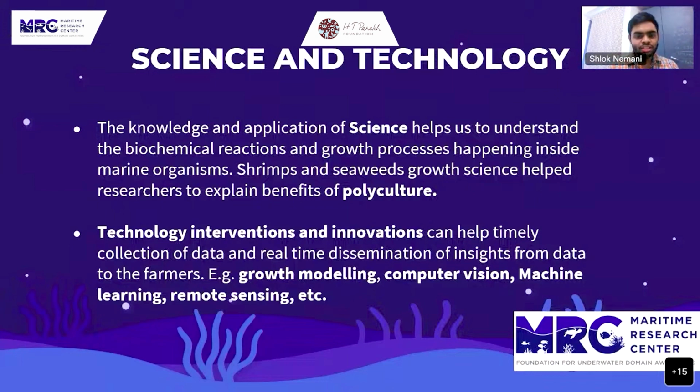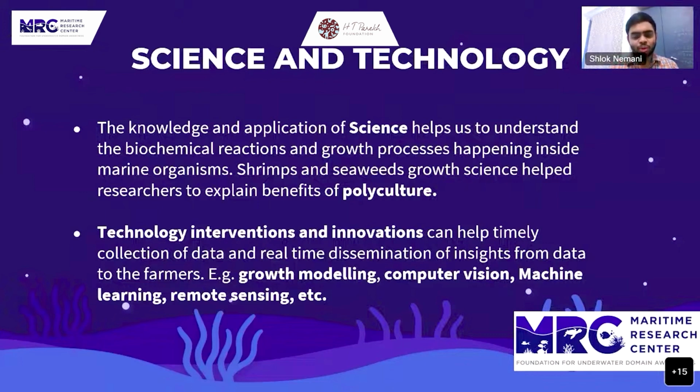This helped researchers explain the benefits of polyculture and, as ma'am explained, the concept of IMTA, or integrated multi-trophic aquaculture. Second, technology intervention and innovation can help by collecting timely data from the farms, and by using growth modeling methods to estimate how much the production or yield will be.